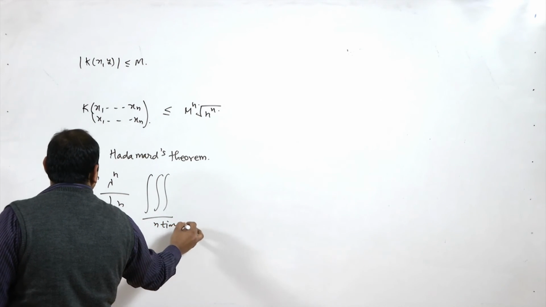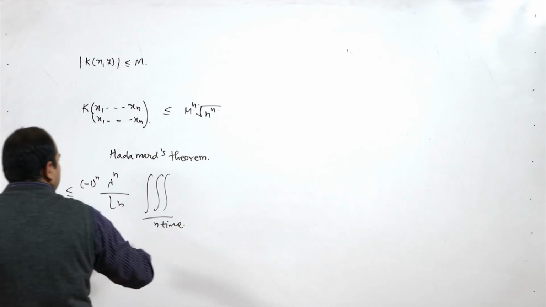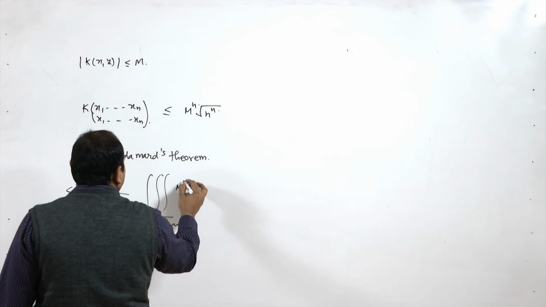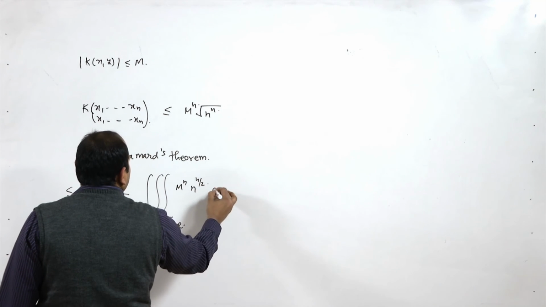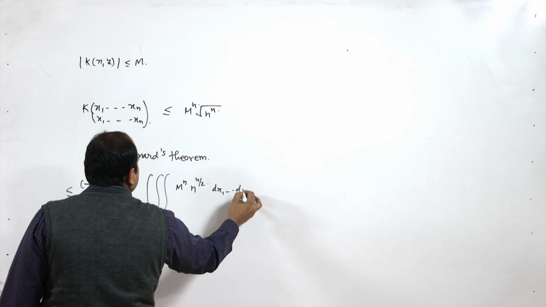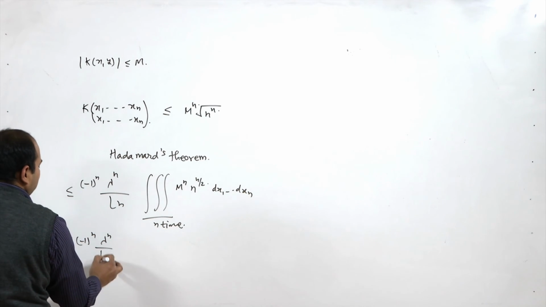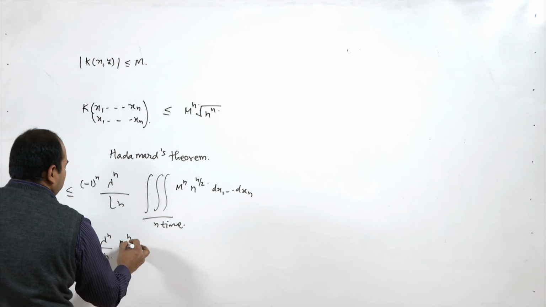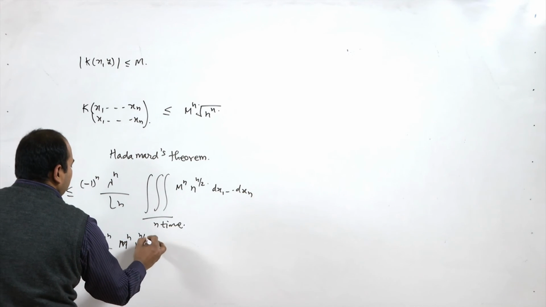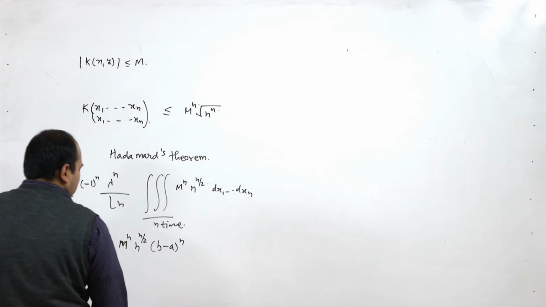It is further bounded by M to the power n times n to the power n by 2 dx1 to dxn, and if you further simplify, it is bounded by minus 1 to the power n lambda to the power n upon factorial n, times capital M to the power n, n to the power n by 2, and this is nothing but (b minus a) to the power n.